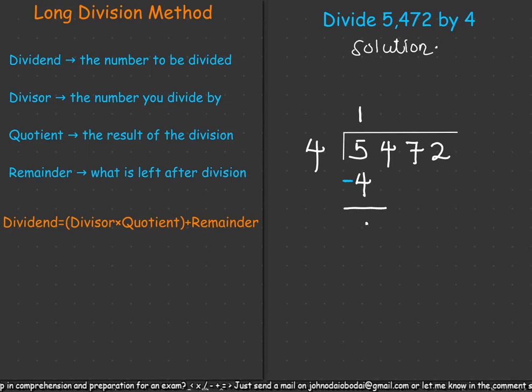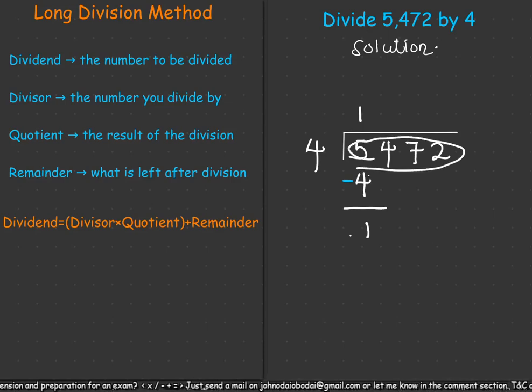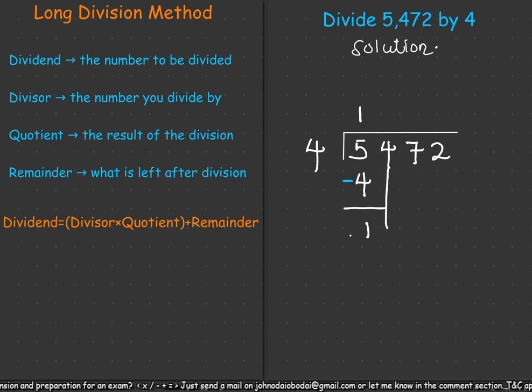It might seem confusing at first, but if you take your time and look at how the rest proceeds, you would enjoy it. So we have our 1 over here. Now, after every remainder, we come back to the dividend and bring the next number down. So we are done with 5.